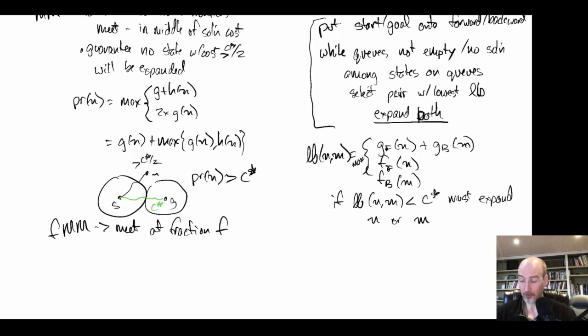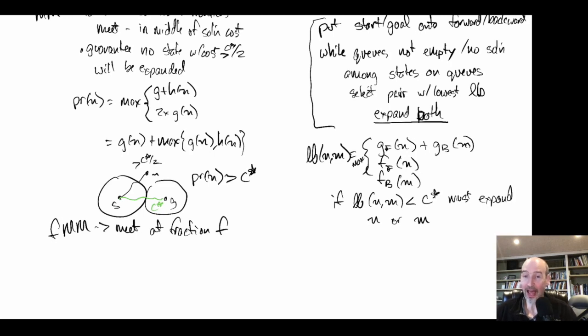We're going to choose a pair of states with the lowest possible lower bound, expand that state, and continue that process until we've found and proven the optimal solution.